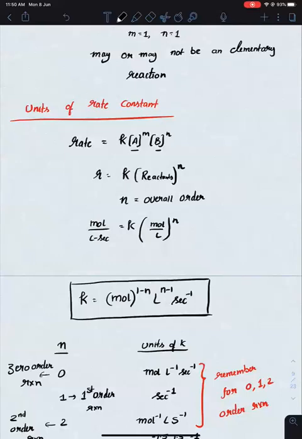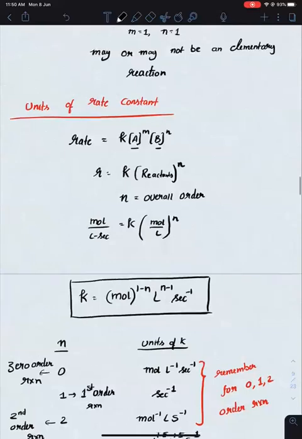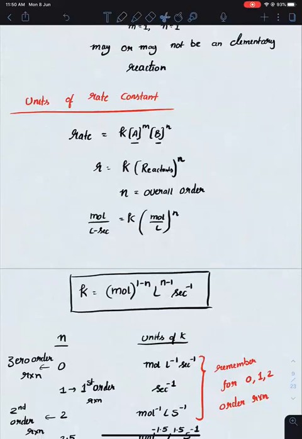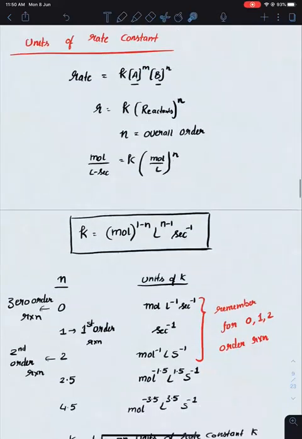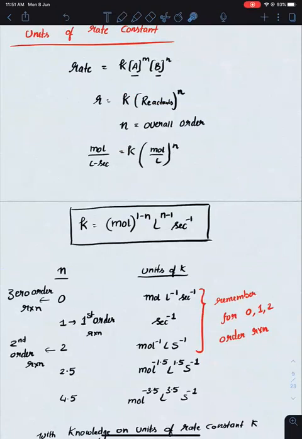If n is the overall order, the units of K will be mole to the power 1 minus n, liter to the power n minus 1, second inverse. So if you substitute different orders of the reaction, for a zero order reaction the units become mole liter inverse second inverse. For a first order reaction, it is second inverse.